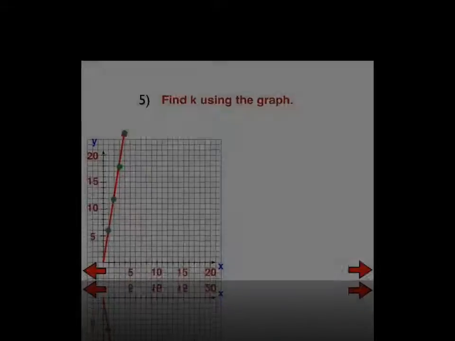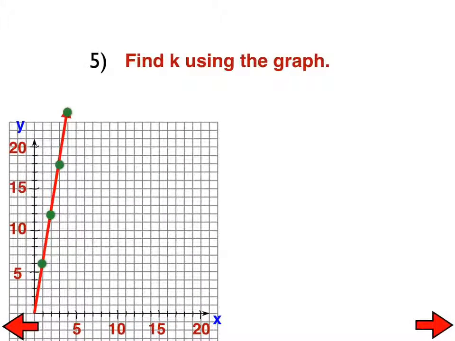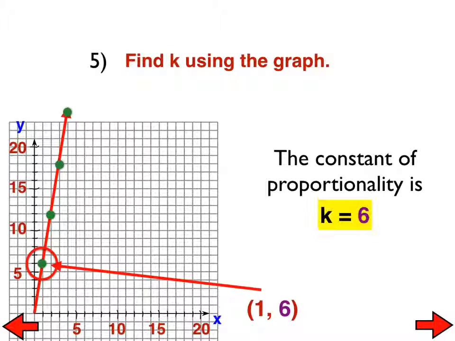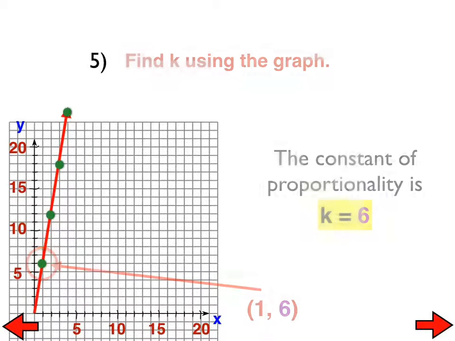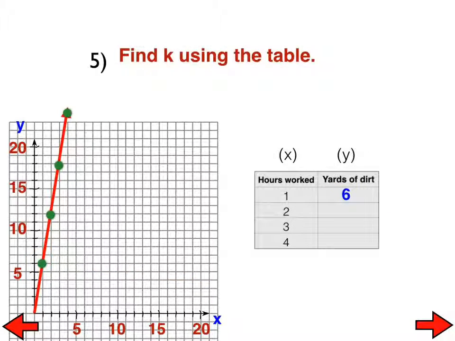Do number 5. Again, I graphed it for you. Find K just by reading it. What would K be? Over 1, up 6. Please label it (1, 6) in parentheses. That means K equals 6. Use that graph to fill in the table. First one's (1, 6), obviously.